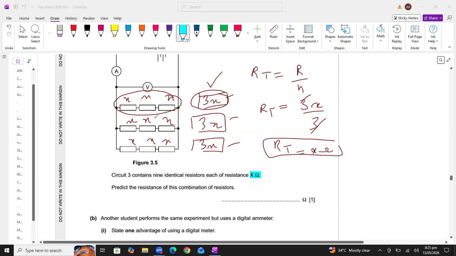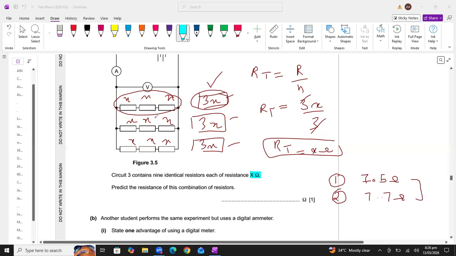So again, students, it means that the theory is suggesting that the resistance should be the same, and the combined resistance of all 9 resistors is equal to x ohm. Now we have to predict the resistance of this combination of resistors. I hope you remember, students, that in circuit 1 we were getting the resistance 7.5 ohm, and in circuit 2 we were getting the resistance 7.7 ohm.